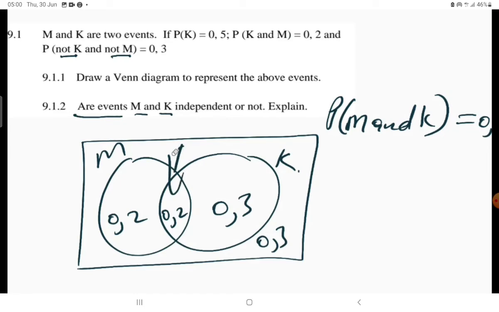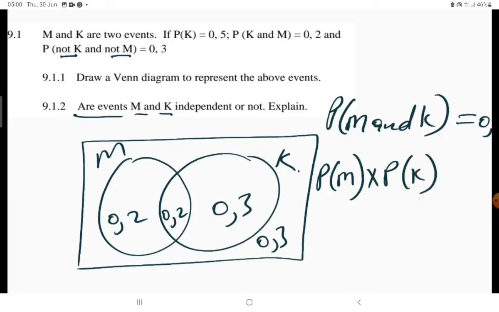Now we need to find the product of their probabilities and check whether it is going to be 0.2. So let's find the probability of M times probability of K and see what it gives us.